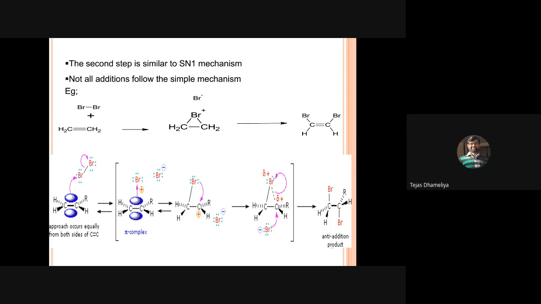The arrow of electron movement, showing how this attack proceeds, is on your screen, where the pool of electrons will attack one of the bromine atoms and thus form a bromide anion, and in this way it will form the cyclic bromonium ion. And once this bromide departs, it will form 1,2-dibromo compound. So this reaction is termed an anti-addition reaction and the product formed is the anti-adduct.